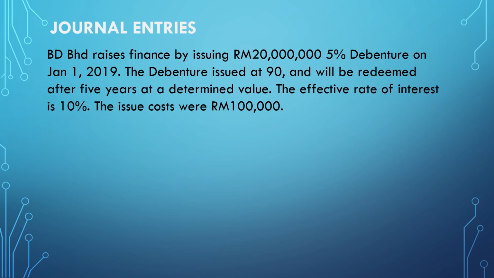The debenture is issued at 90, meaning that it has a discount, and it will be redeemed after 5 years at a determined value. The effective rate of interest is 10%, and the issue costs were 100,000.